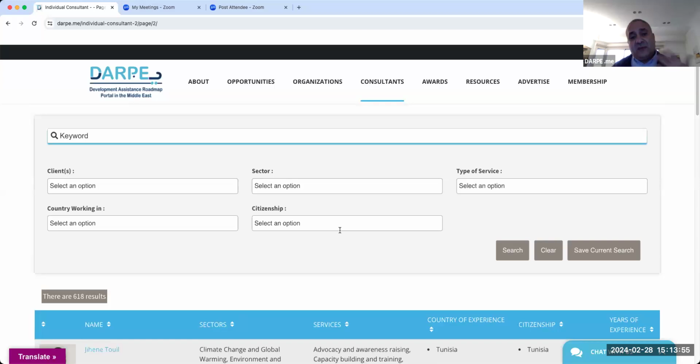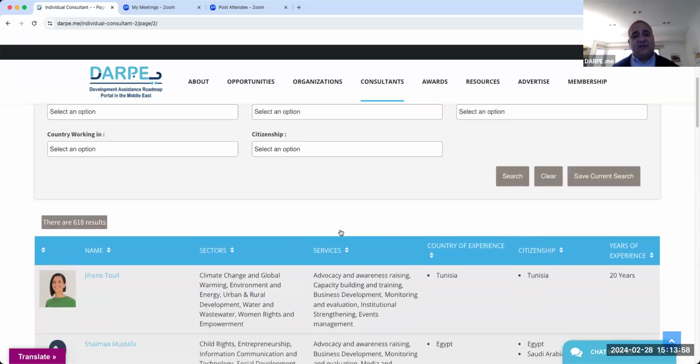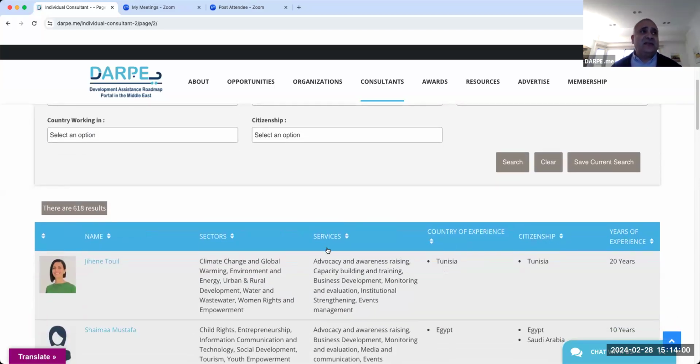For the members, the consulting firms and organizations, this database is a very great source to select key personnel while they are recruiting for positions or jobs, or while they are preparing proposals in which they want to include CVs in the key personnel section. So our members usually resort to the DARPE platform to search, filter, and connect with those consultants.